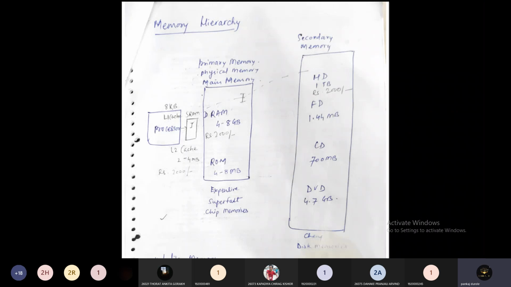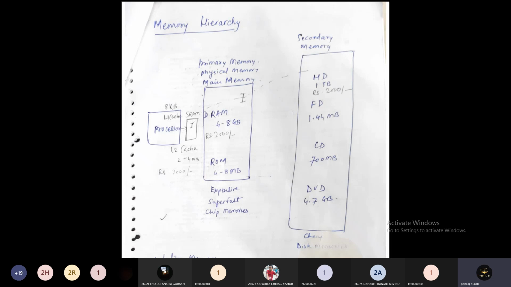Now, this memory hierarchy represents the memory hierarchy of a typical computer system. In a typical computer system, we observe that the computer has secondary memory, it has primary memory, right? And then it has a processor.